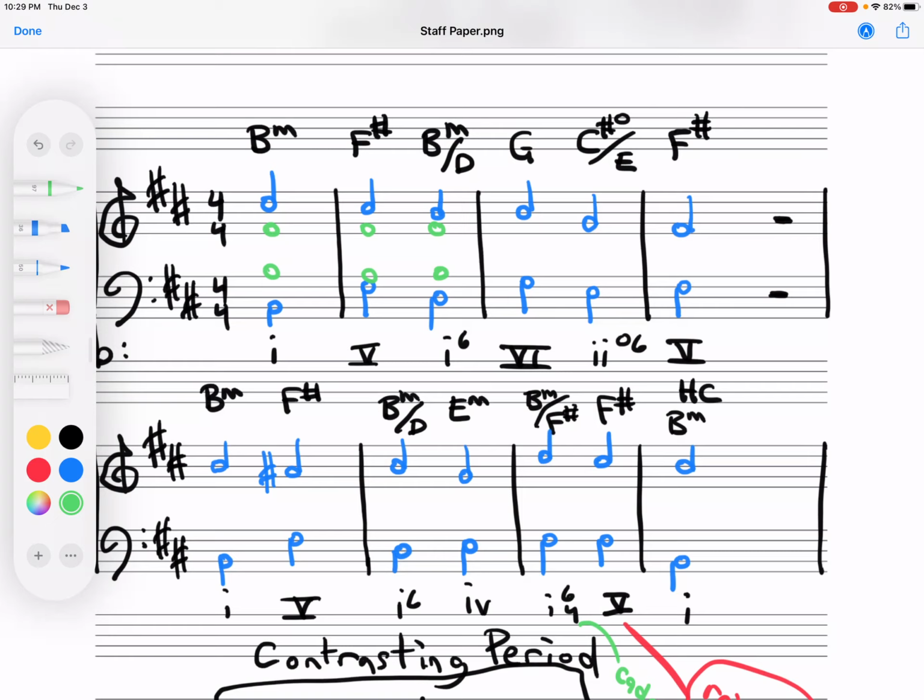Okay, going on. G, and then I need a D. That looks like it's going to go here. And the tenor is going to have to share that with the bass. So the tenor is going to go down to the G, and then let's see, C sharp. So this one here, okay. Well, let's see what happens.